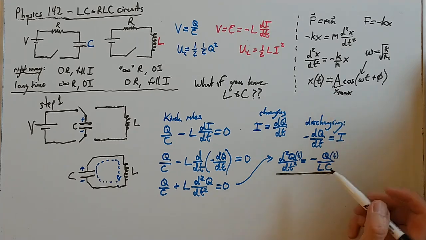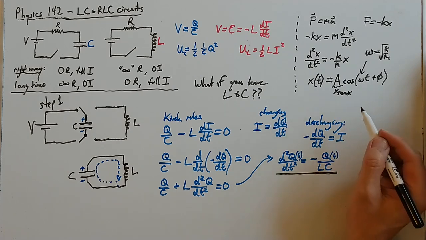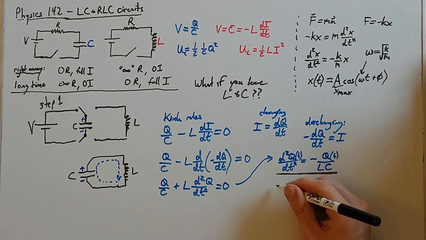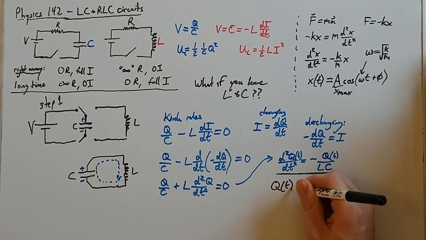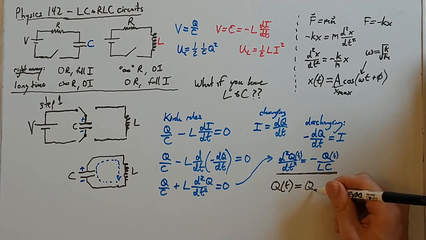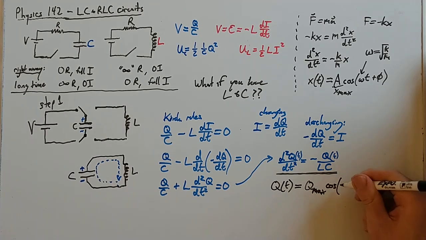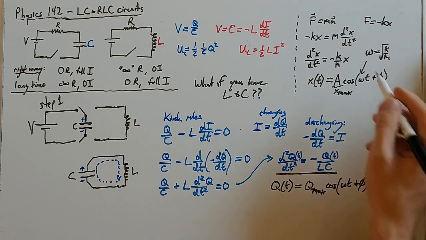And what is that? That's cosine. So the answer, just like with the harmonic oscillators, but now with Q, is going to be Q of t equals Q max, the maximum amount of Q, times cosine of omega t plus phi.